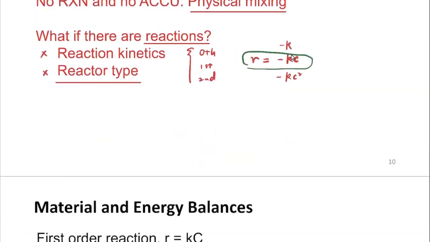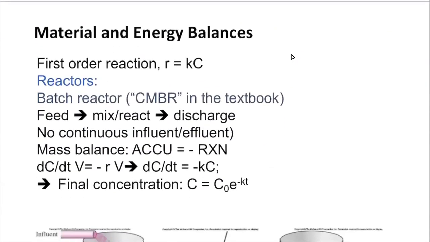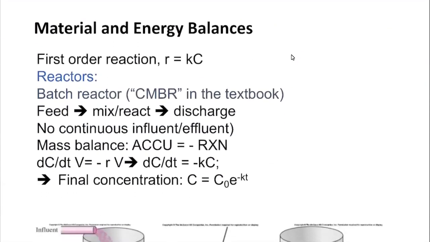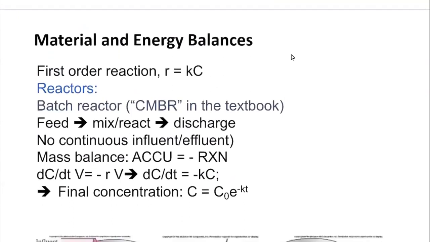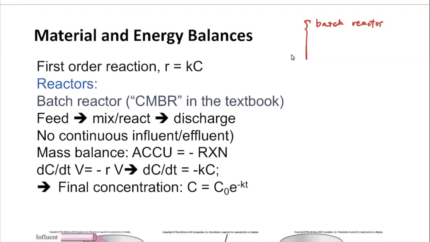All right, so there are quite many types of reactors, but we're just going to deal with 3 types of reactors in this class. Okay, so we can have the batch reactor. Okay, so we can have the CSTR, or the continuously stirred tank reactor. Okay.